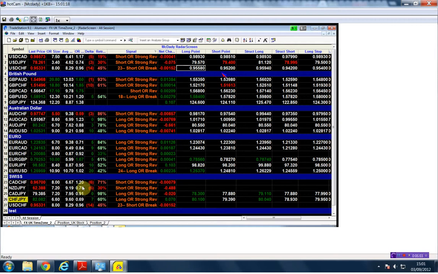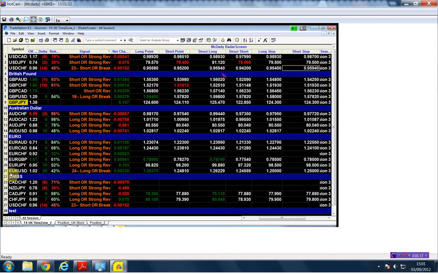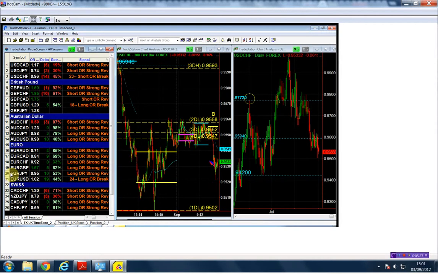On the short side, we're going to go short below 95.20, which is the low of the day. We have a structural short point at 94.20, which is about 100 pips away from our entry, and our stop is going to be 95.90. It's a short stop. If we go short below 95.20, our stop is going to be 95.40 also.